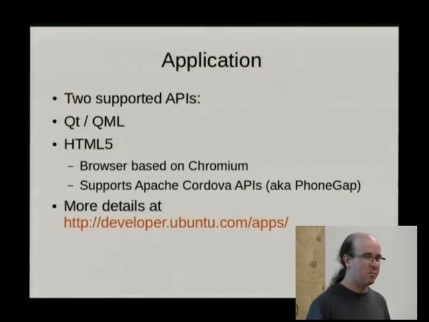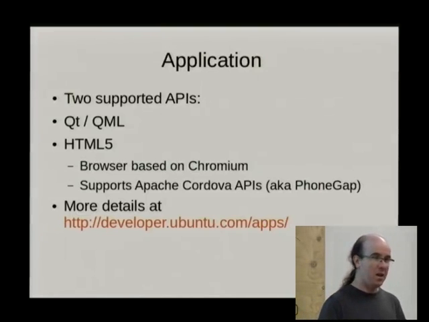So most of the apps you see there have got little or no C++ code. Most of the application logic is JavaScript, and the QML is just text files in most cases, although it is possible to compile them down to a bytecode.